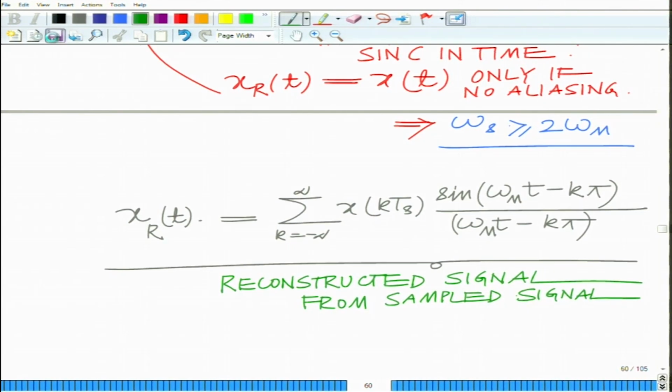This is the reconstructed signal from the sampled signal, and perfect reconstruction is possible, of course, when there is no aliasing. All right. So you sample at a sampling rate greater than or equal to the Nyquist rate, then pass it through an ideal low pass filter which satisfies the given cutoff frequency requirements, and from that you can reconstruct the original signal by extracting the spectrum corresponding to the original signal and suppressing all the spectral copies, or the aliases, that arise because of the sampling process.